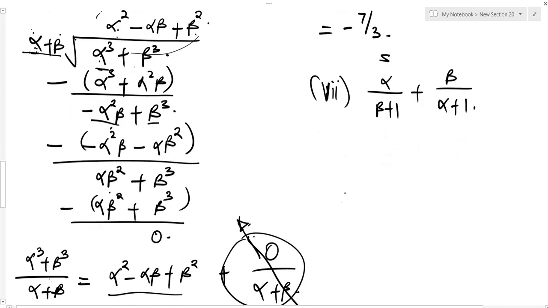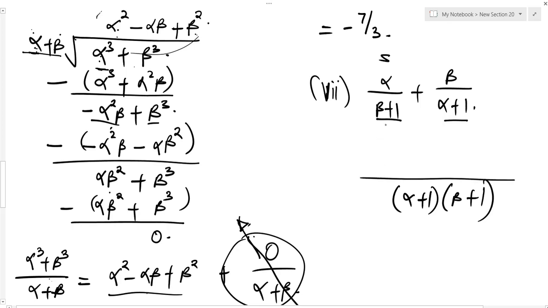Now the LCM of beta plus 1 and alpha plus 1 is alpha plus 1 times beta plus 1. Now if you divide this LCM by this beta plus 1, you will now be left with alpha plus 1.